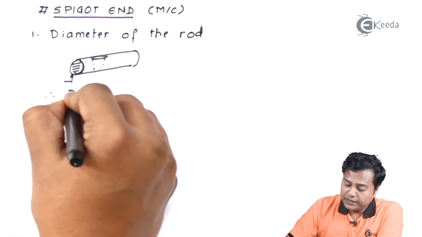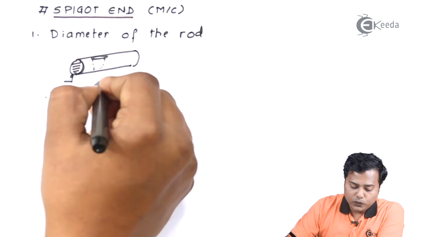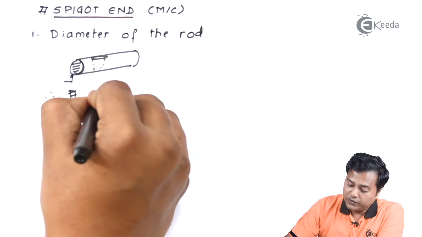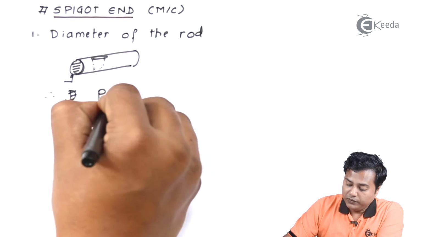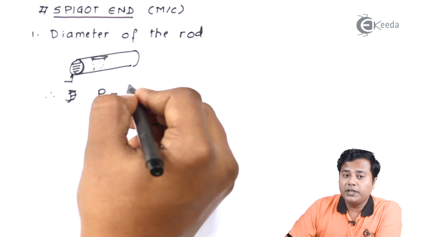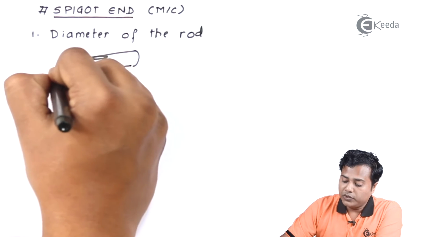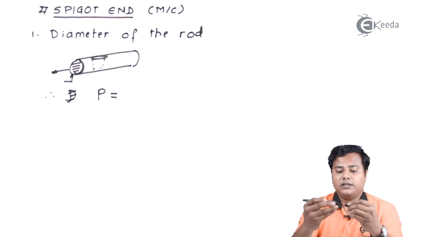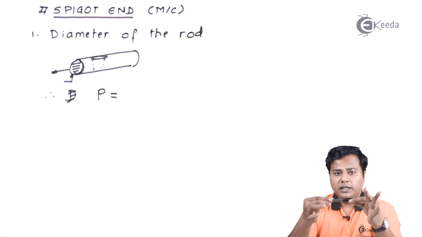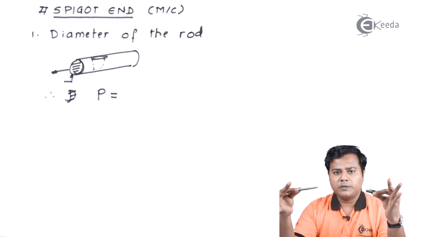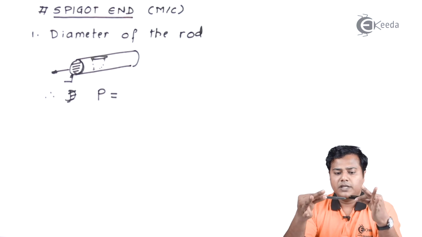We can write it in terms of formula, the load which is acting on that, P. Now we know that the load acting on this will be of tensile nature, because as the assembly is done, the only way of failure is in this manner, right? One of the ways will be like this.